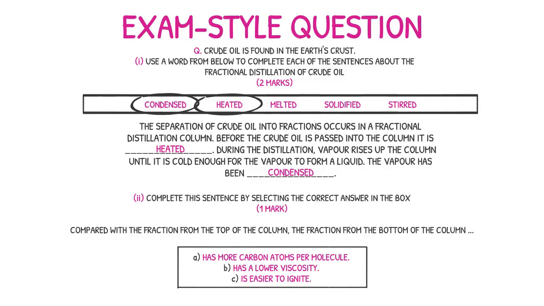Similarly, the viscosity of the fractions decreases as you move up the column, and so the option has a lower viscosity is also incorrect here. This of course leaves us with the correct answer, which is that the fraction at the bottom of the column will have more carbon atoms per molecule. And of course, to achieve the mark here, you would have needed to have selected this option as your answer.